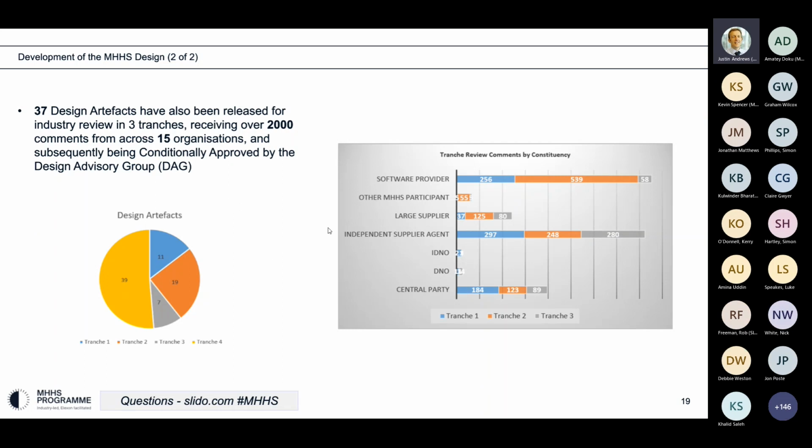You can also see on the right hand side that we've broken down, by constituency, the number of comments we've received.